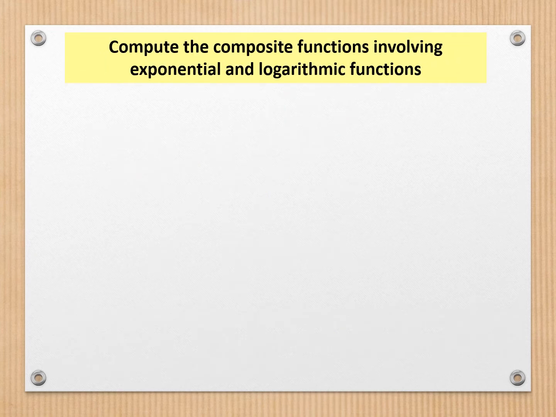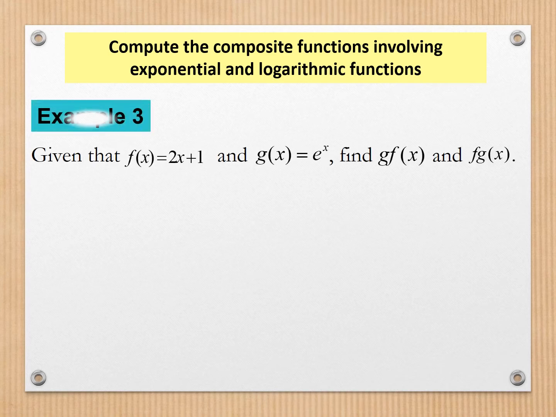Compute the composite function involving exponential and logarithm function. Example 3. Given that f(x) is equal to 2x plus 1 and g(x) equals e power x, find gf(x) and fg(x). So this is the composite function of gf and fg.